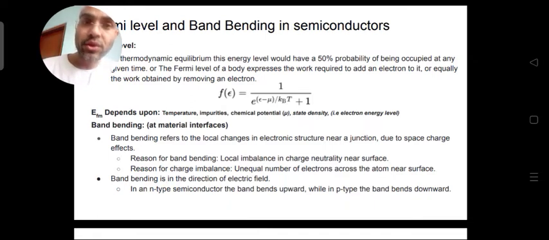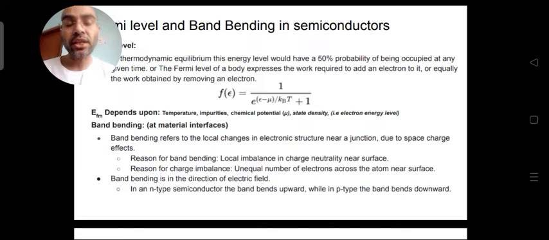In the previous slide, the direction of the electric field was from the n-type material to the p-type material, so the bands were bending upward, as you can see.